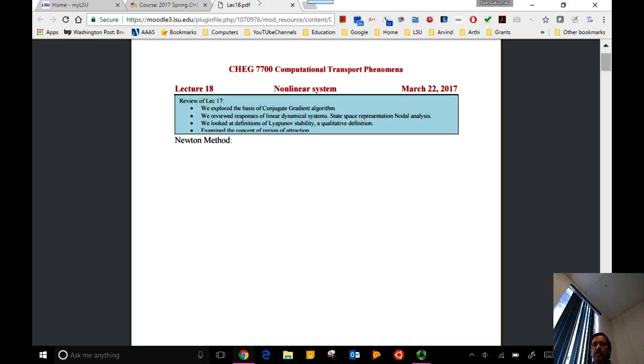The key ideas were direct versus iterative methods, and the advantages and disadvantages of each. A direct method gets you to a result in a finite number of calculations, but the round-off error it accumulates cannot be gotten rid of. Iterative methods have a natural way of getting rid of it, and they are extremely efficient for very, very large systems, literally 10 million, 20 million, 40 million equations or so. They are also easily parallelizable, and we saw the ideas behind the conjugate gradient method.